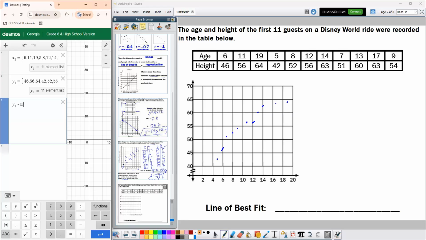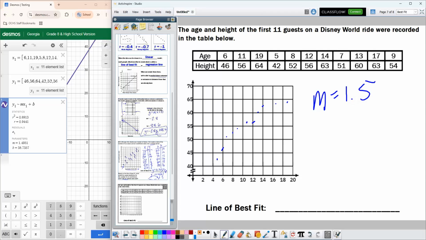Let's speak Desmos. y1 squiggly mx1 plus b. Woo. M is 1.49, let's call it 1.5, and then b would be 38.7.